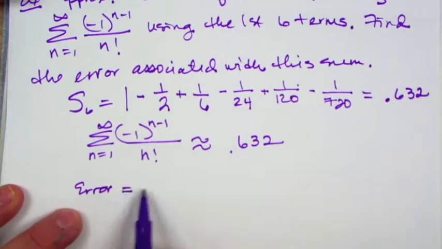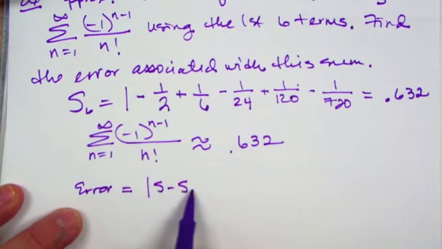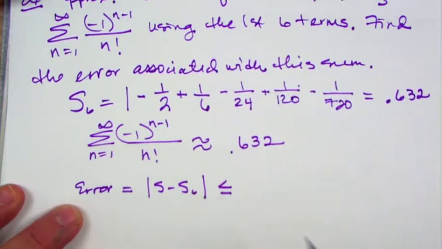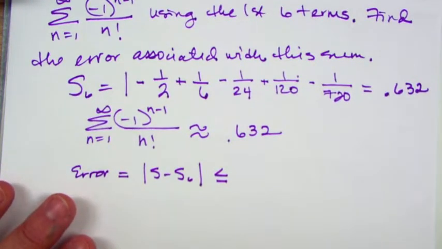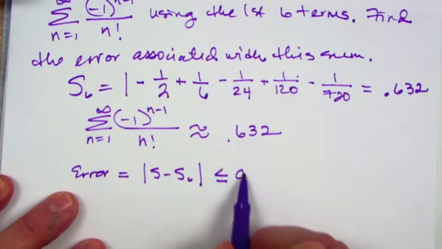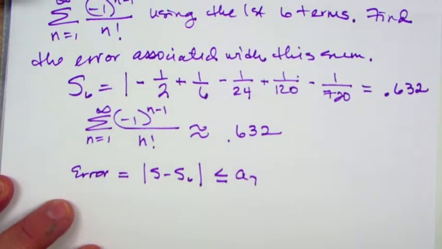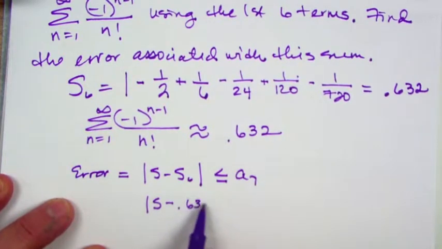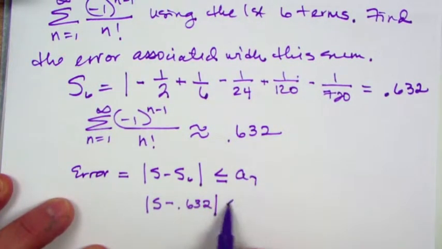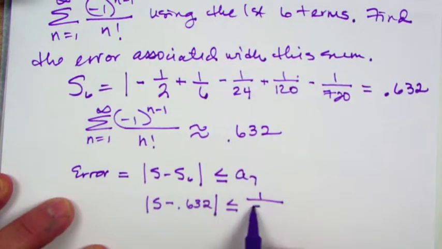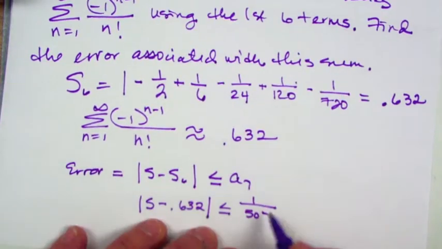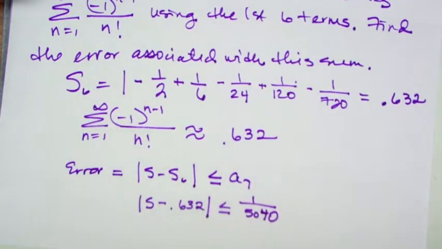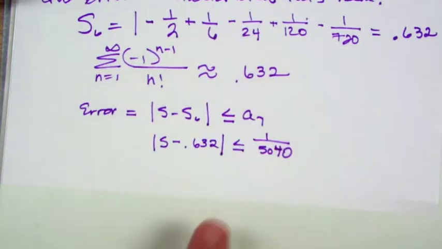So the error is S minus S sub 6, right? And that's got to be less than or equal to what? A sub 7, right? So S minus 0.632 has to be less than or equal to 1 over 5,040.